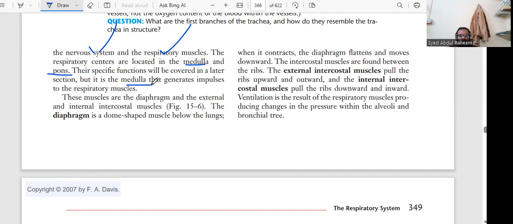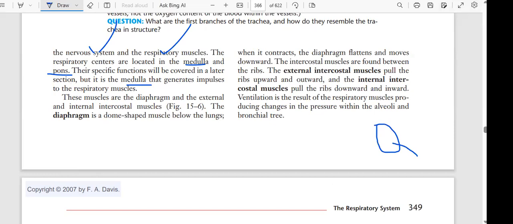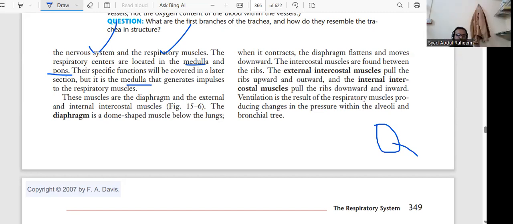The medulla generates impulses to the respiratory muscles. In the medulla we have a respiratory center, and nerves are connected from it to the respiratory muscles.